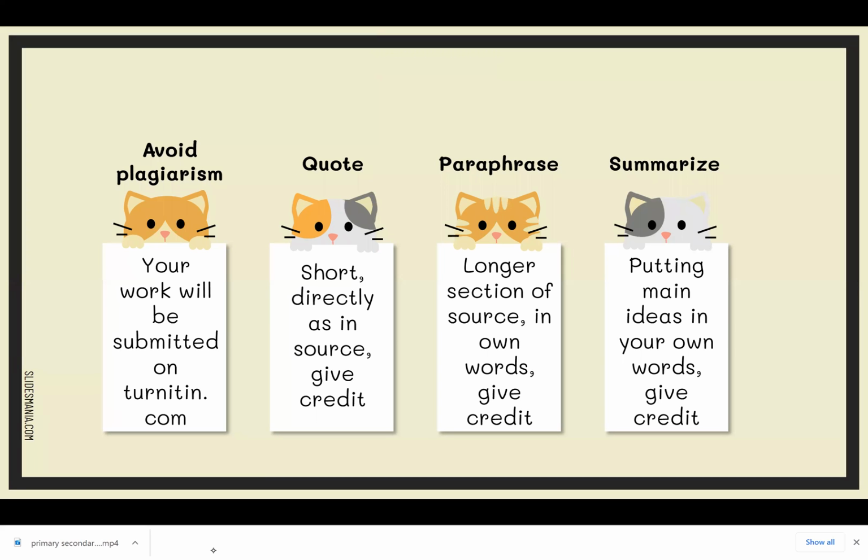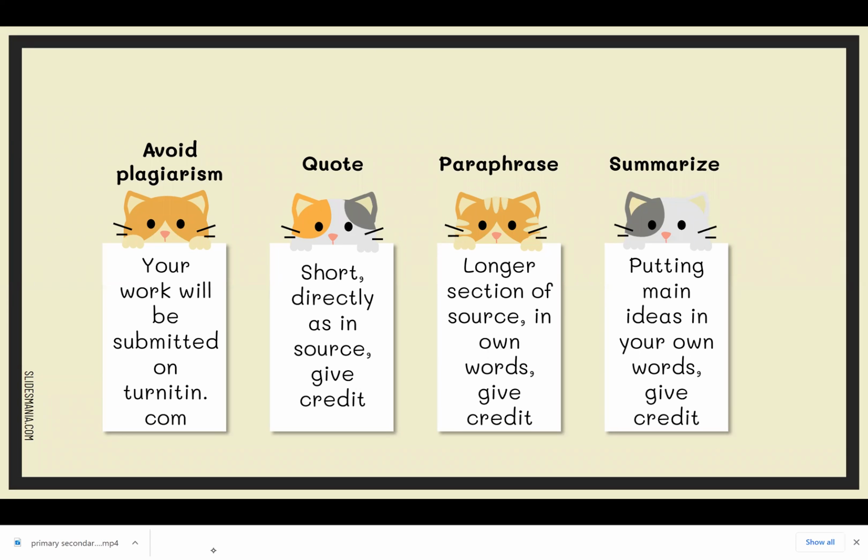And just a reminder about some of the things that my guess is you've learned in English and history already. A quote is something that's short. You're writing it directly from the source. You're giving credit for it. A paraphrase is looking at a longer section of a book, like a paragraph, and putting it into your own words.